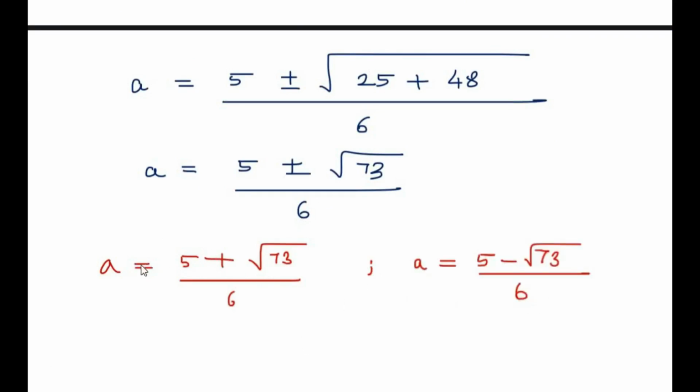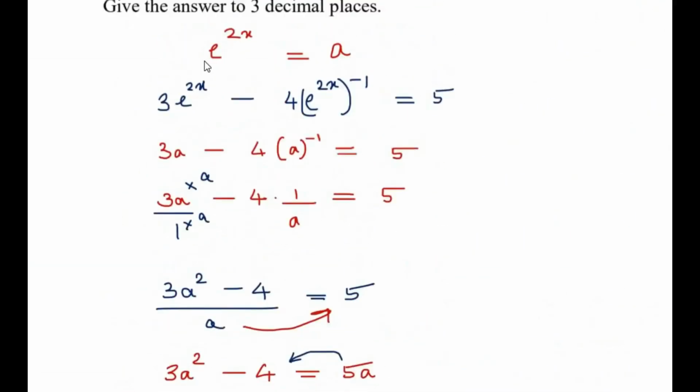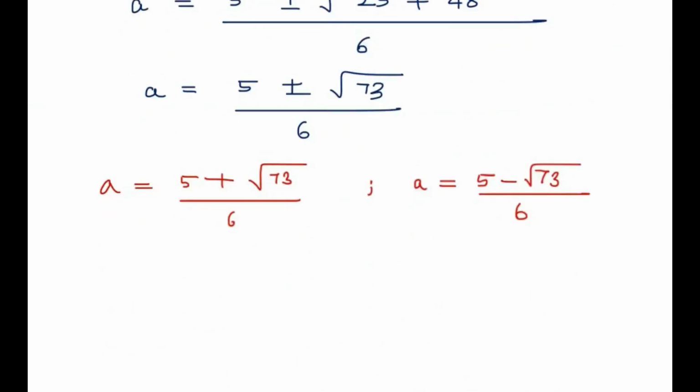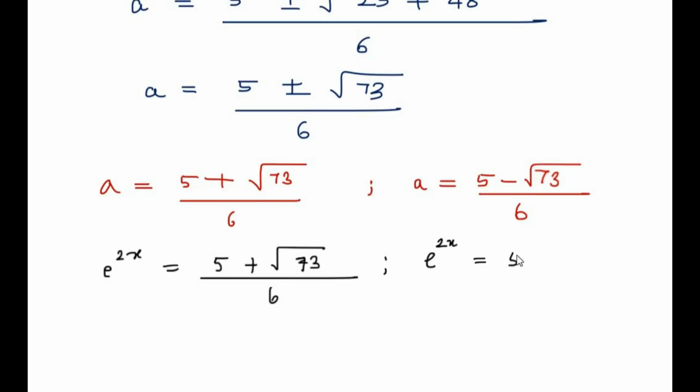Now we had taken e to the power of 2x as a. So let us get back e to the power of 2x over here. We are going to write e to the power of 2x is equal to 5 plus root 73 over 6, and the same thing we repeat here, e to the power of 2x is equal to 5 minus root 73 over 6.